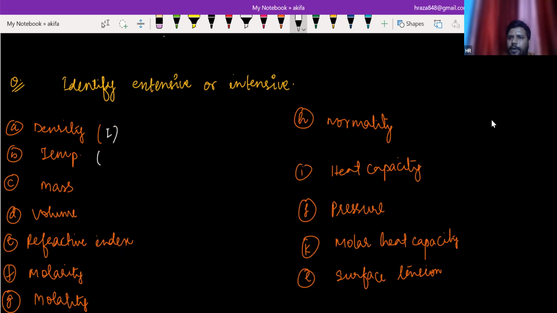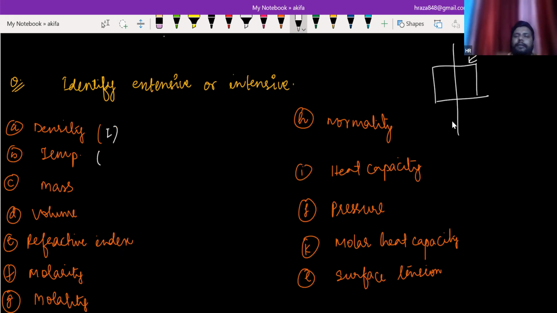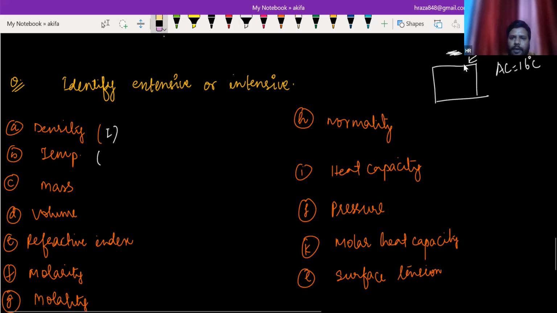Why is it intensive? Suppose this is a room that you cooled with AC at 16 degrees centigrade in summer. Before dividing it and after dividing it, will there be a sudden change in temperature or not?